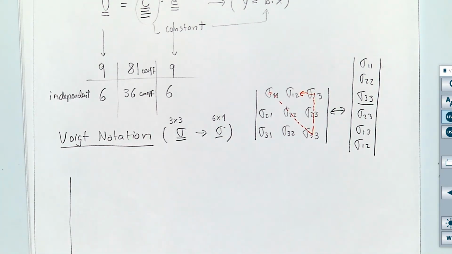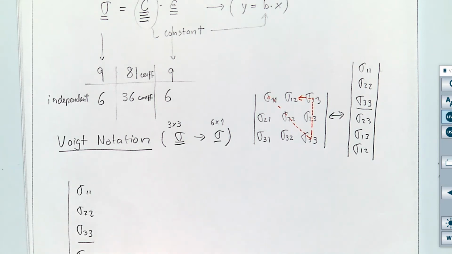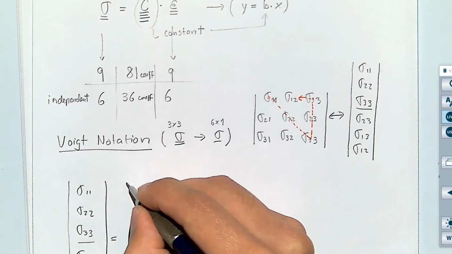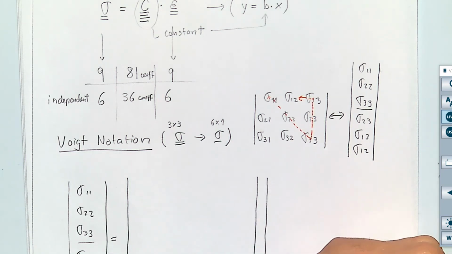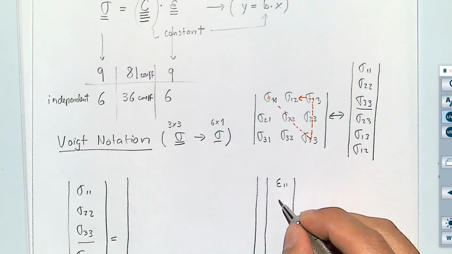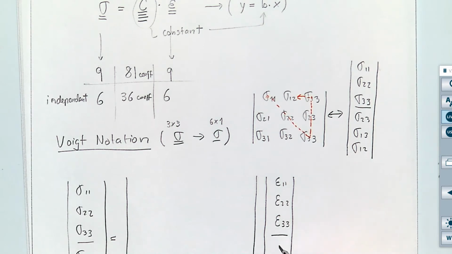We're going to line up our stresses on one side, and here I'm going to line up my strains on the other side with the same order, and here I'm going to have epsilon 2, 3, epsilon 1, 3, and epsilon 1, 2.